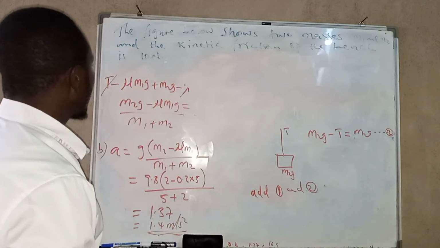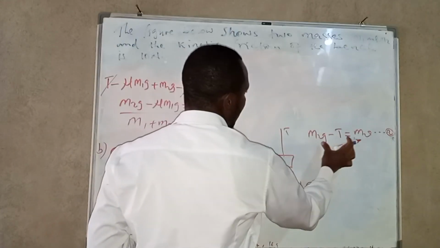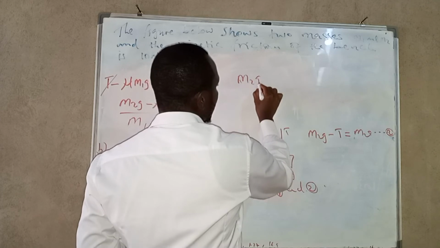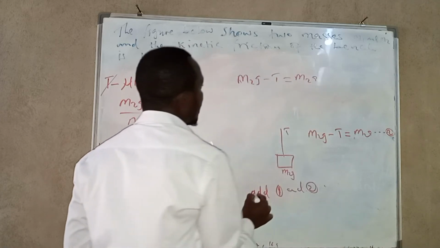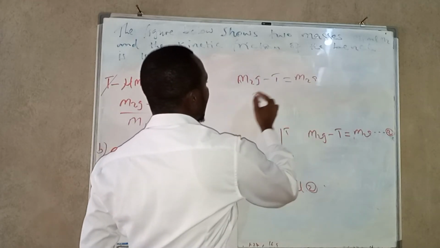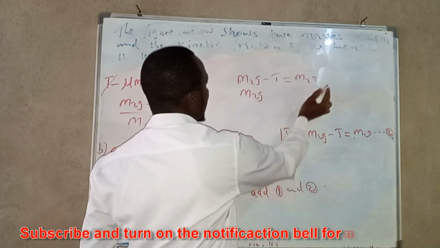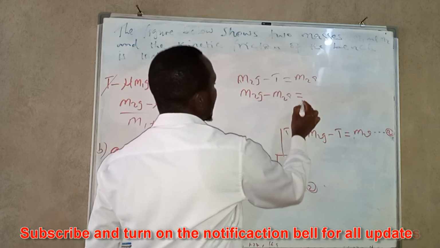We can use this one or any equation among the two. M2G minus T is equal to M2A. So this one can come this side and it is going to be a positive one, M2G, and this one will come this way and it will be negative, M2A.